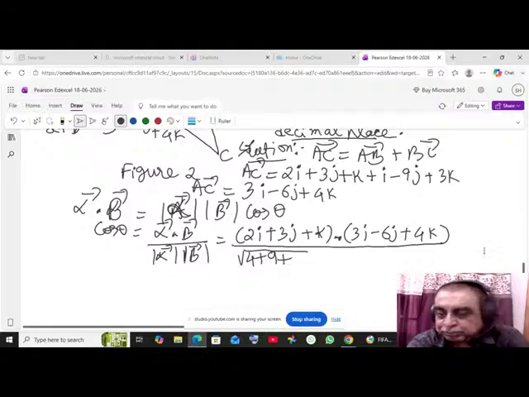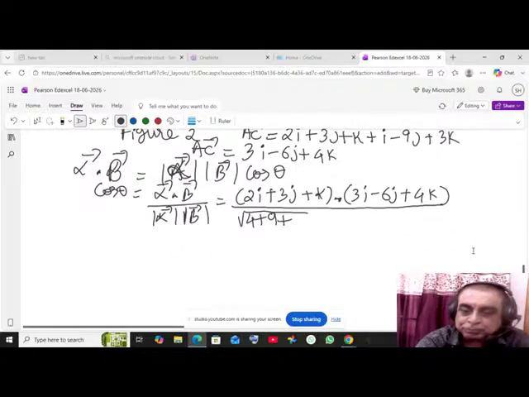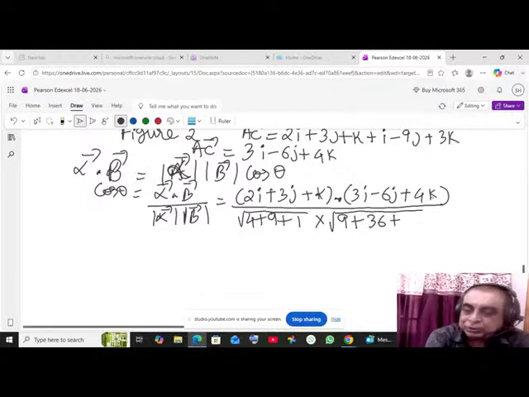The coefficient of j is 3, squared is 9. The coefficient of k is 1, squared is 1. The magnitude of beta is the square root of 3 squared, which is 9, plus minus 6 squared, which is 36, plus 4 squared, which is 16.